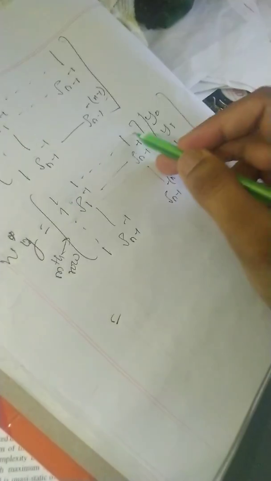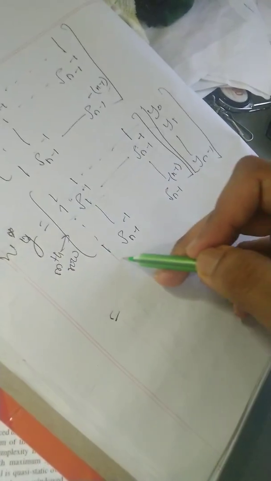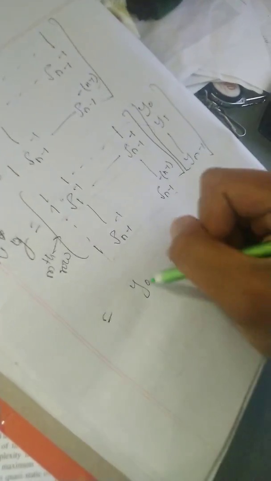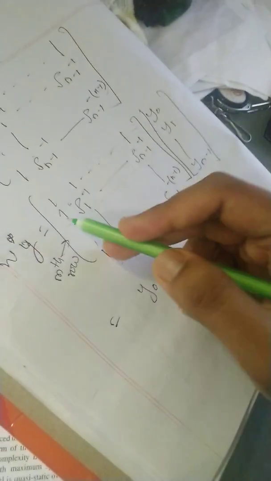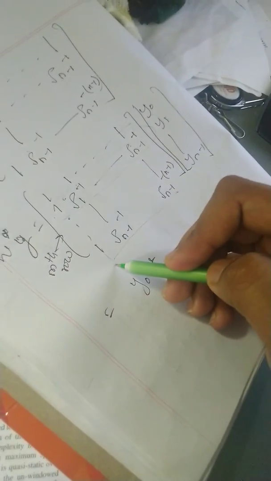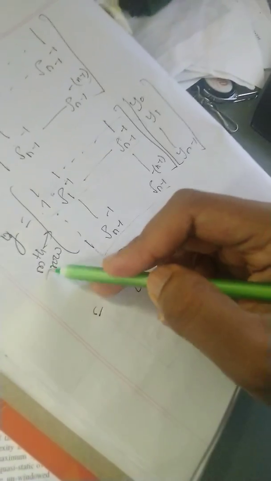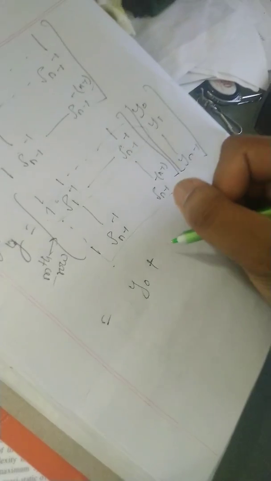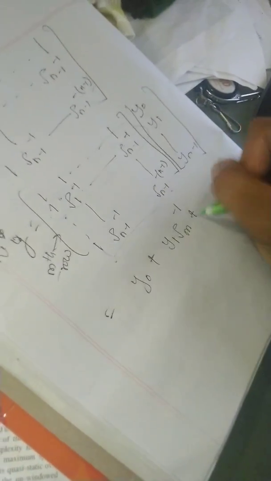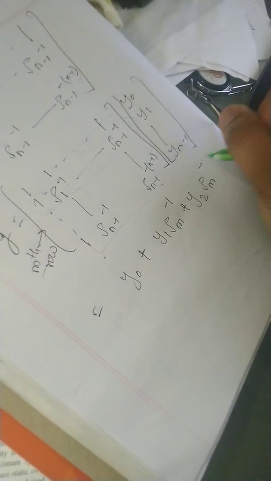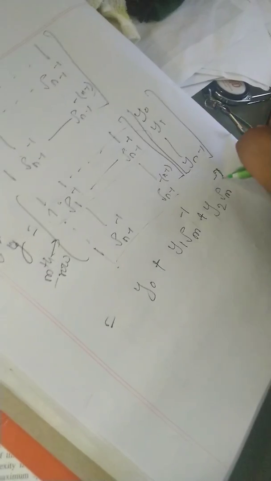This is the 0th row, this is the first row, the second row, and this is the n minus 1th row. What is the mth row? First we have y0 times 1, because all of the elements are 1. Then for the mth row, the second element will be y1 times rho m to the minus 1. The third element will be y2 times rho m to the minus 1. Oh, sorry, it will be minus 2.